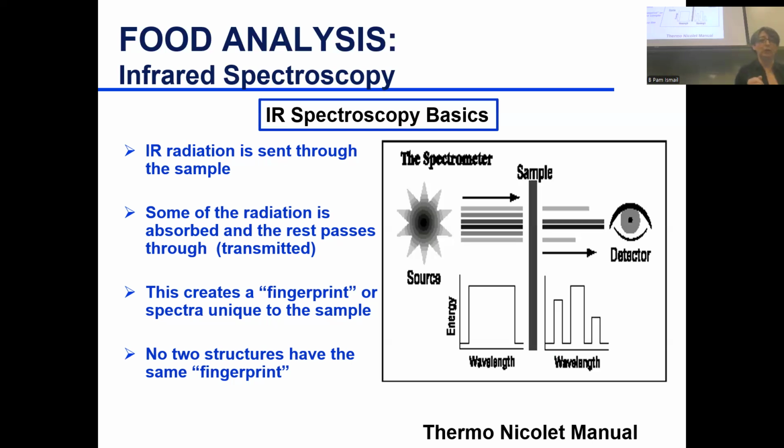In this case, we use wave numbers, and I'll explain wave numbers in a minute. So that's why it's good for structural elucidation, for identification, for detection of foreign components. It gives you a real fingerprint for the component that you're looking for.